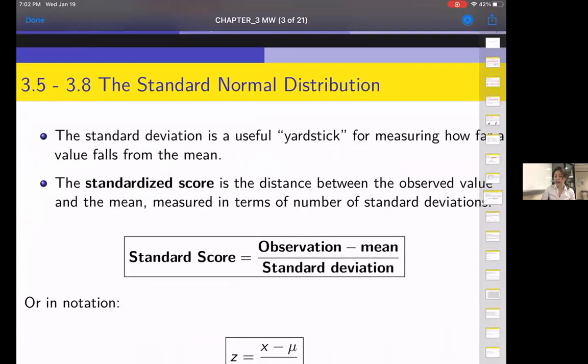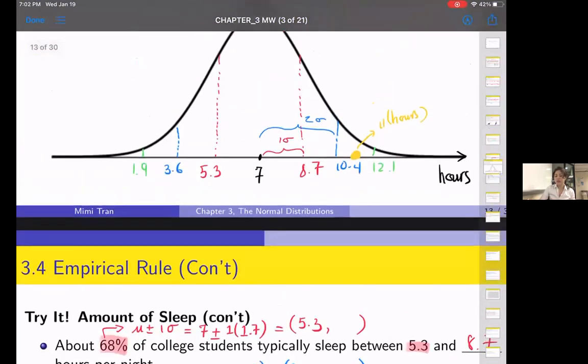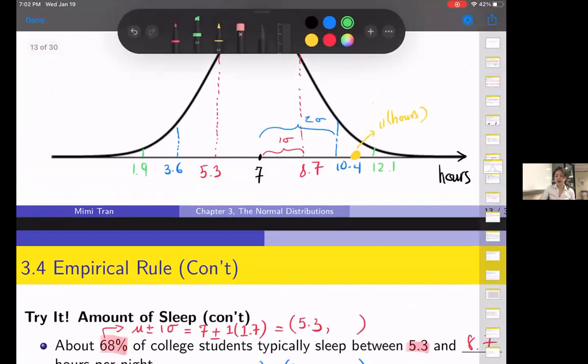Now, what if I ask you, can you tell me what is the area? Maybe I'll highlight in black. What is this area from here? You know what? I'll highlight in yellow.